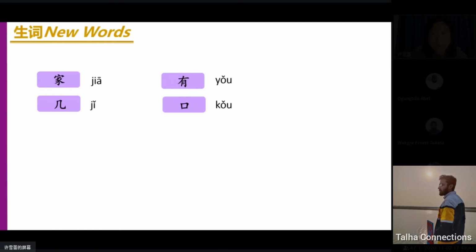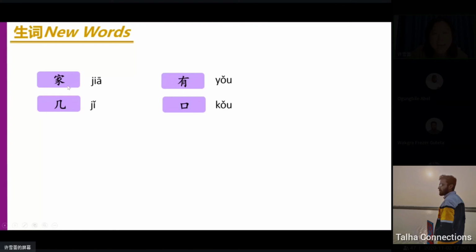I would say 我有一个苹果。我有苹果。I have apples. 家 means family or home or house for a family.